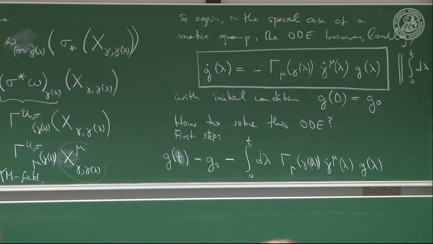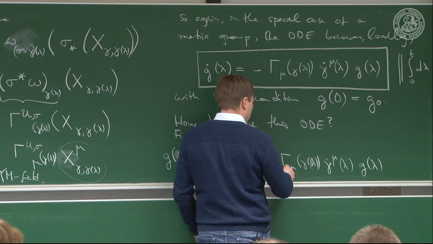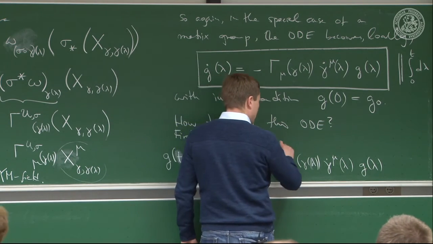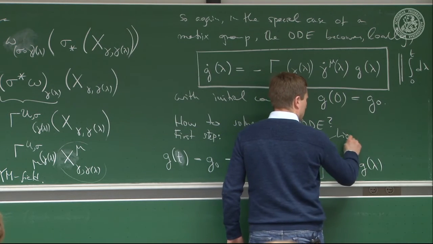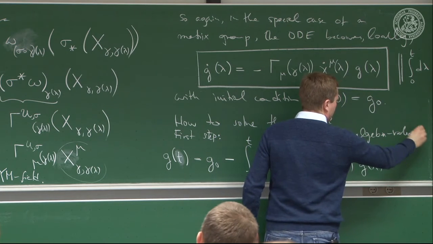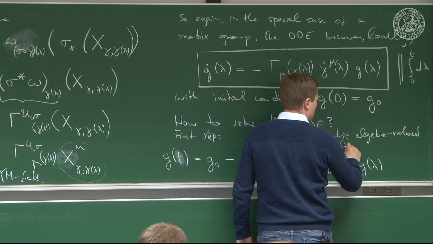Now, before we continue, just keep in mind, I mean, it's obvious, but the whole thing is Lie algebra valued, in particular because this guy here is Lie algebra valued. And because we're in a matrix group, the Lie algebra are matrices of the same size.